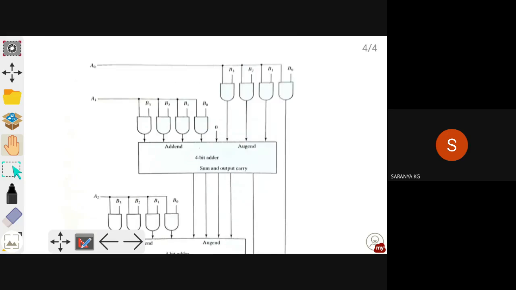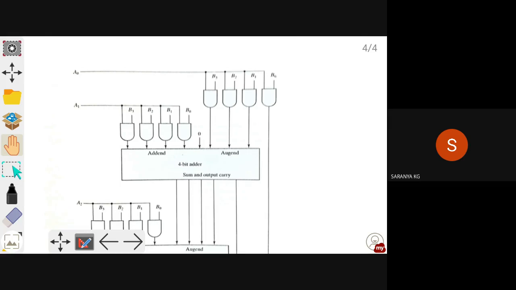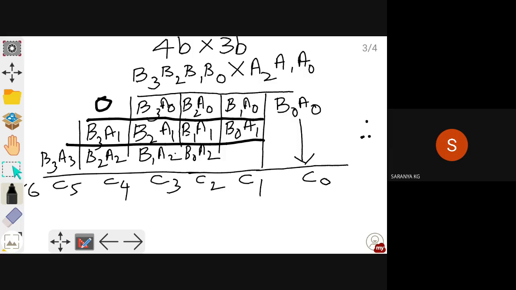So look at this diagram. So you see a 4-bit adder here. In the first row you are going to give the first 4-bit number. So what is the first row?